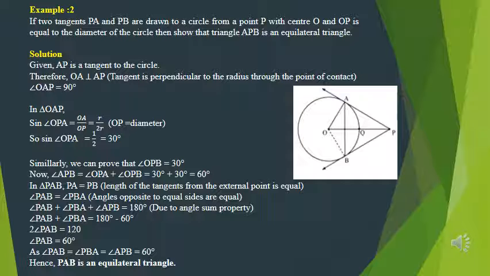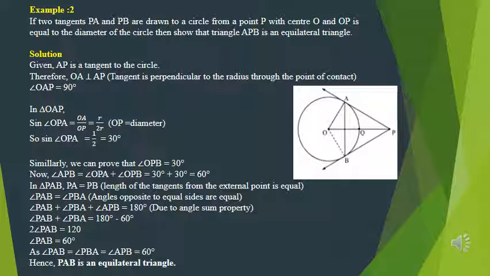Similarly we can prove that angle OPB is also 30 degrees. Using this, angle APB is equal to angle OPA plus angle OPB, that is 30 degrees plus 30 degrees, that is 60 degrees. In triangle PAB, PA is equal to PB, because the lengths of tangents from an external point are always equal.